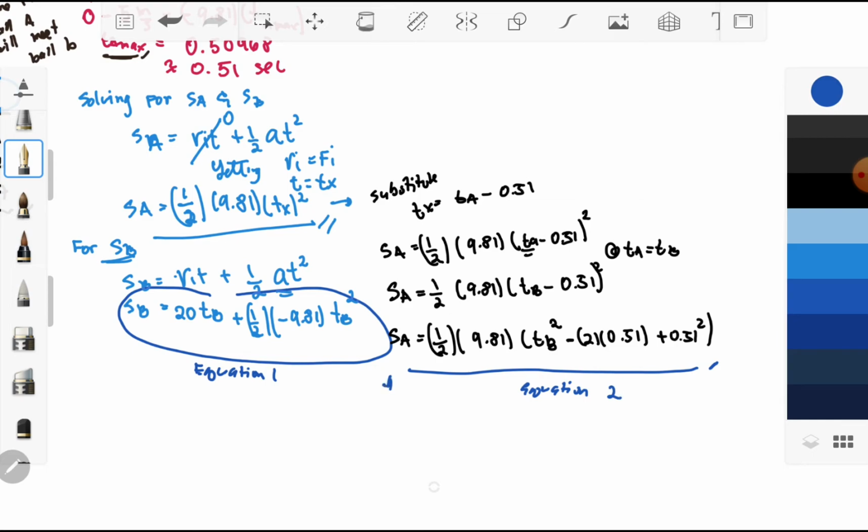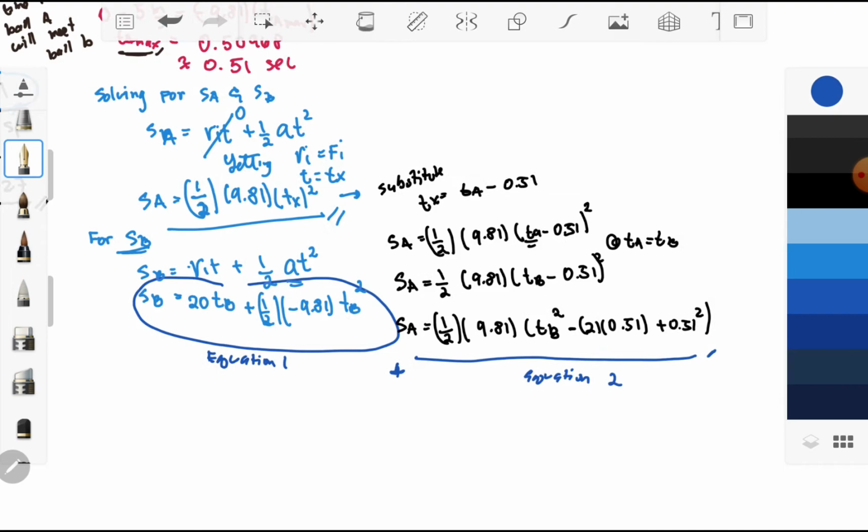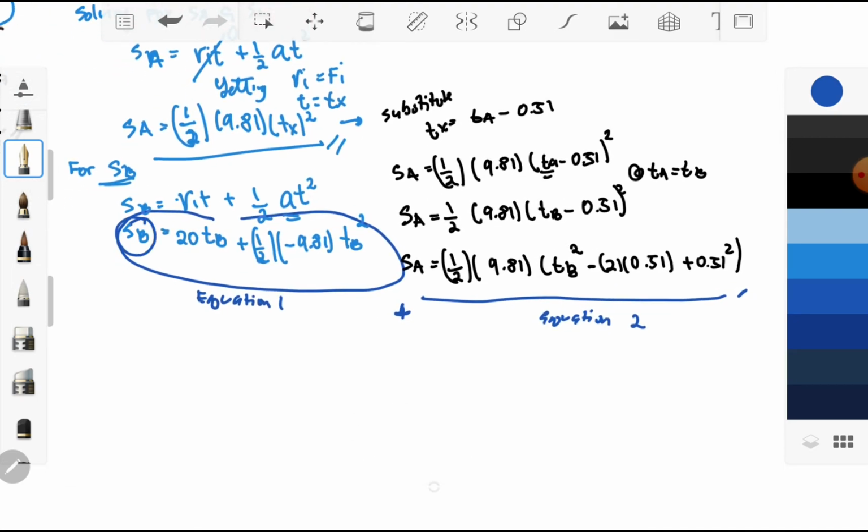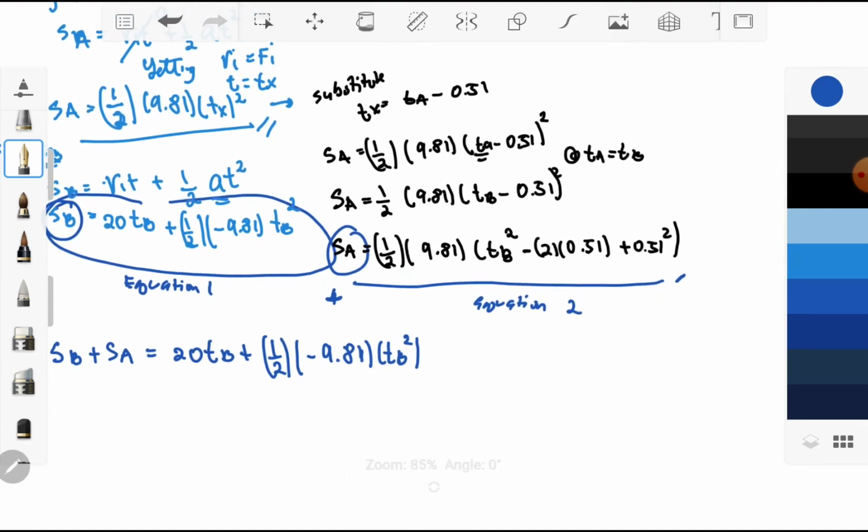I will add the two of them. So therefore, we have SB plus SA, so SB plus SA is equal to 20 TB plus 1/2 multiplied by negative 9.81 TB squared, plus, so I add equation 1 and equation 2.